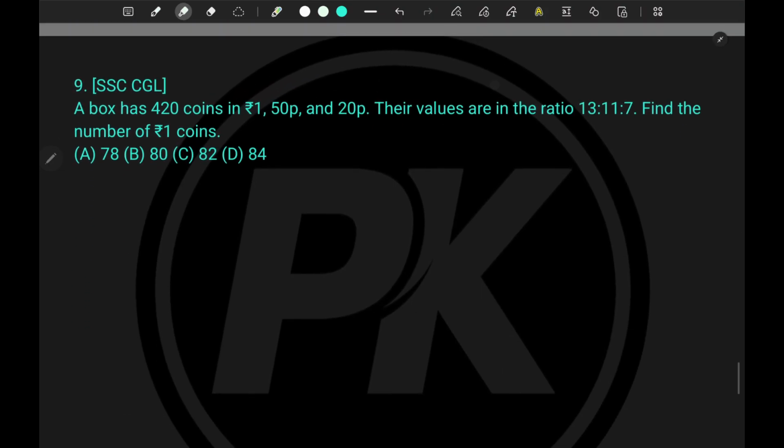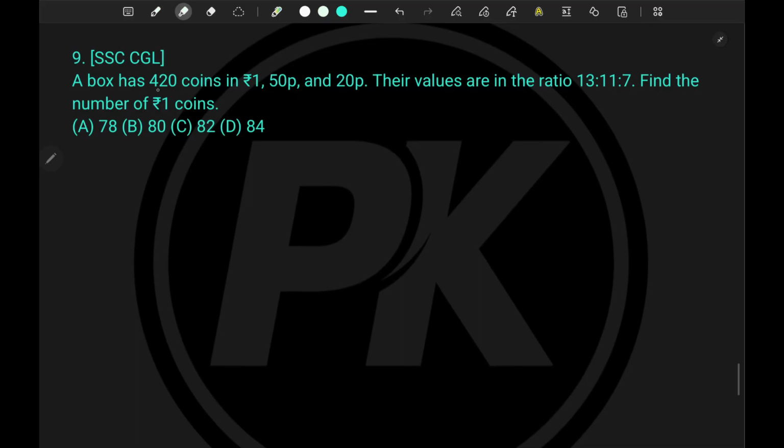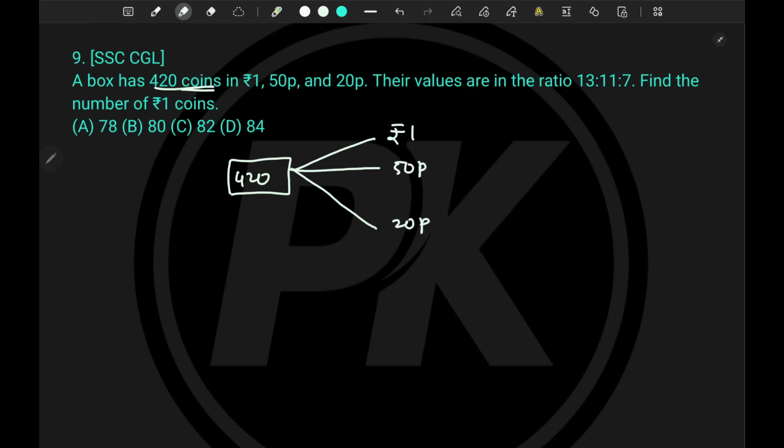But in this problem, they have given the total number of coins in the box itself. So there is a box which contains 420 coins, and in that we have rupee 1 coins, 50 paisa coins, and 20 paisa coins.